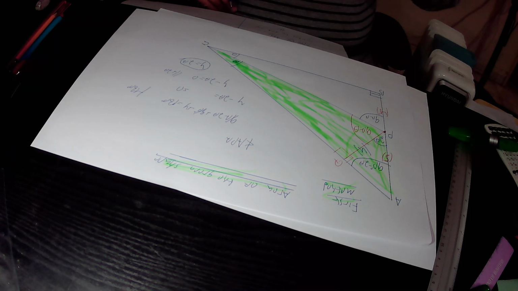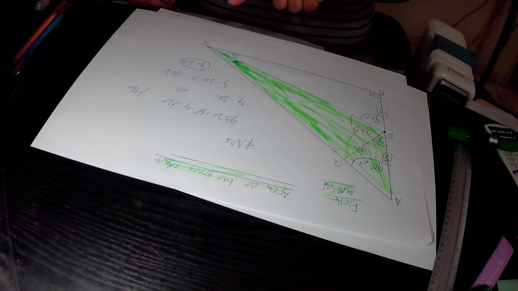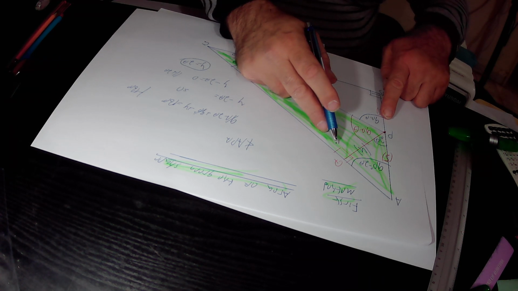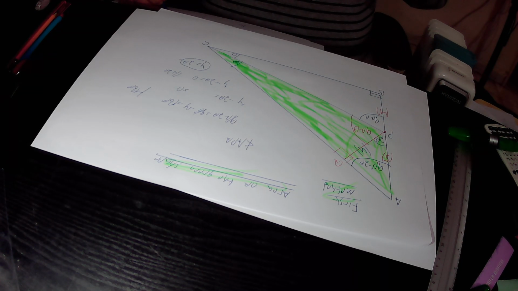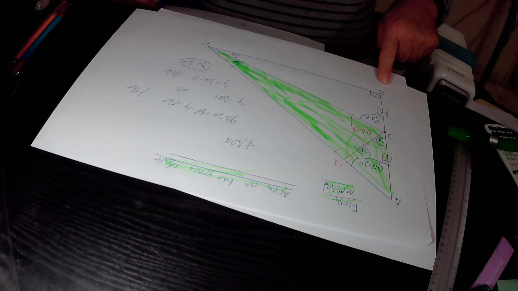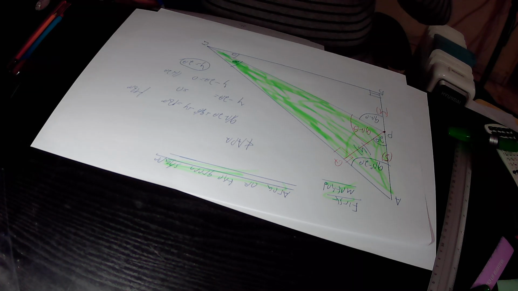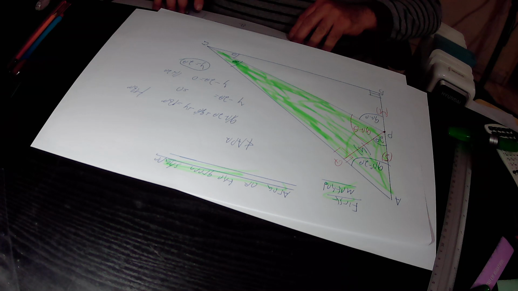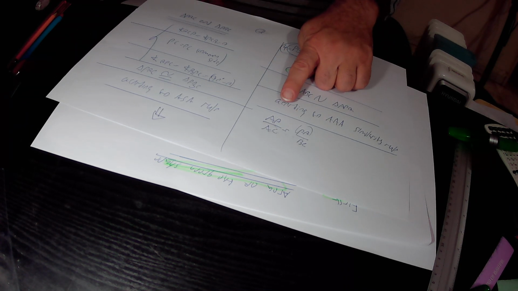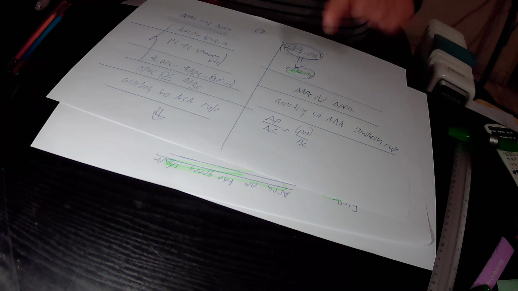We derive that side AP of the green small triangle over side AC of the big right triangle ABC is equal to side PQ of the small green triangle over side BC of the big right triangle ABC.